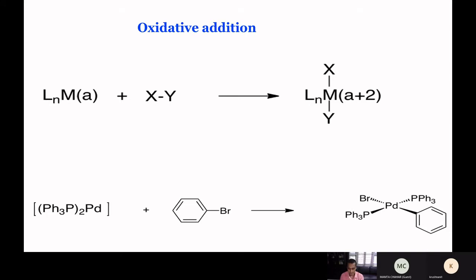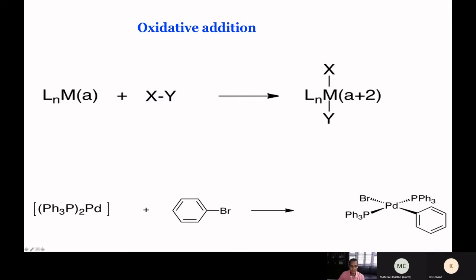In essence, we are trying to look at ligand metal complexes, which are reactive metal complexes. It can insert into a small molecule, such as, over here below, as you see, the bromobenzene.